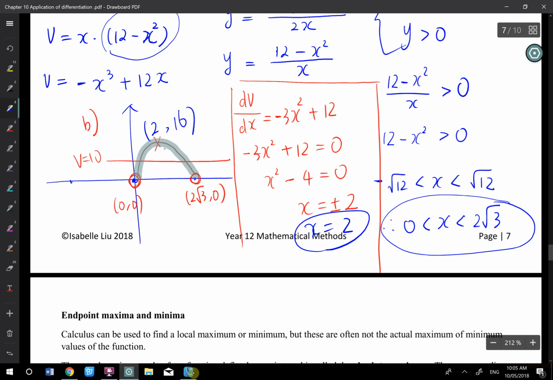So actually the shape should be, okay, that's 2 root 3, a little bit to the right. The turning point is a little bit to the right. So it's 2, 16, which is the maximum volume.